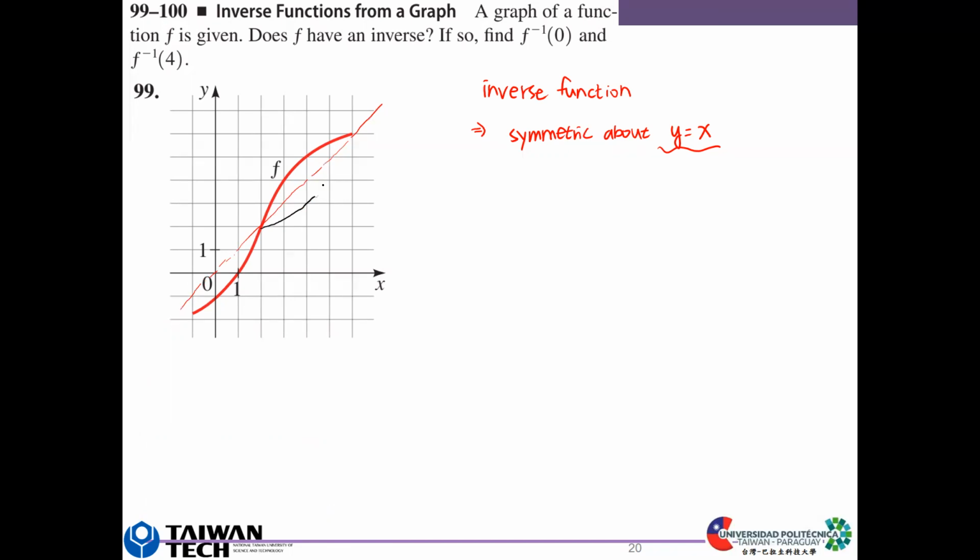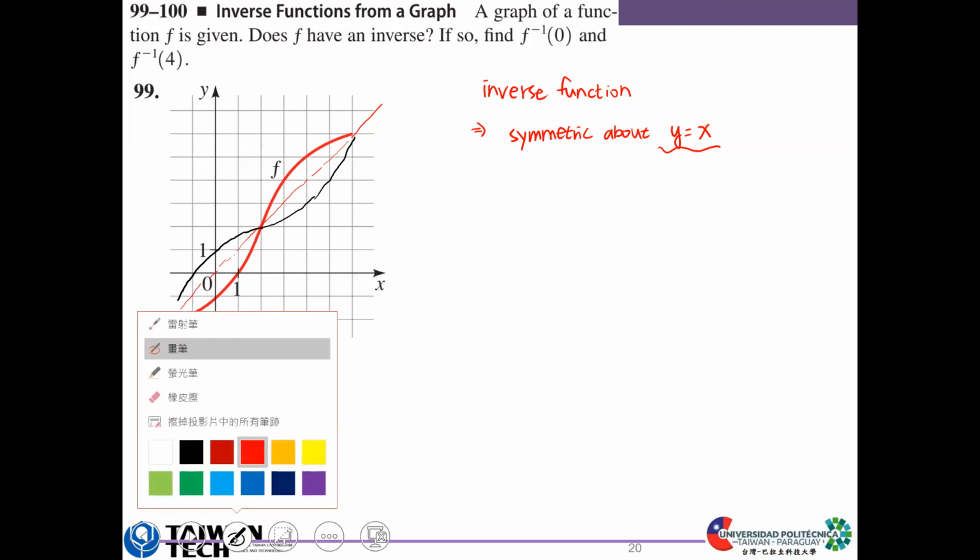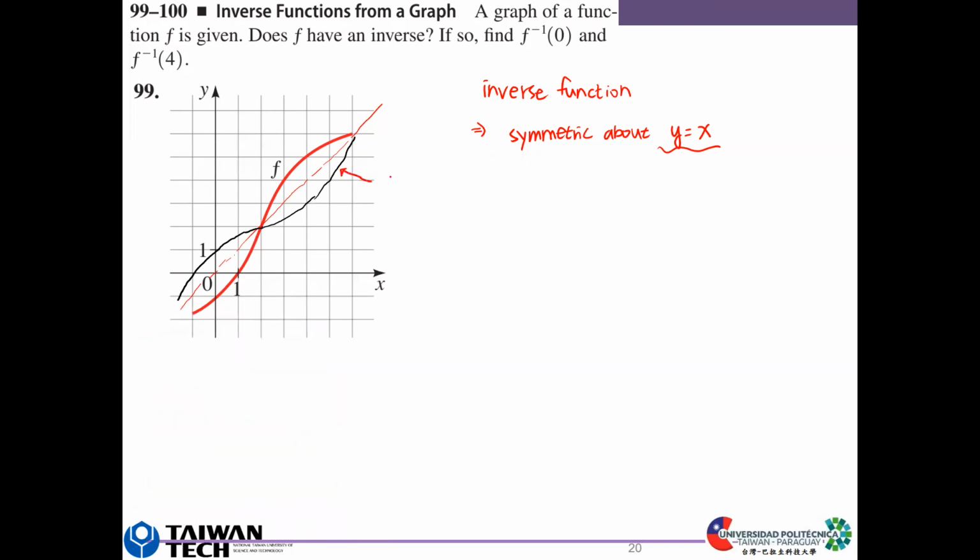We go through here, here, and we draw its inverse function.